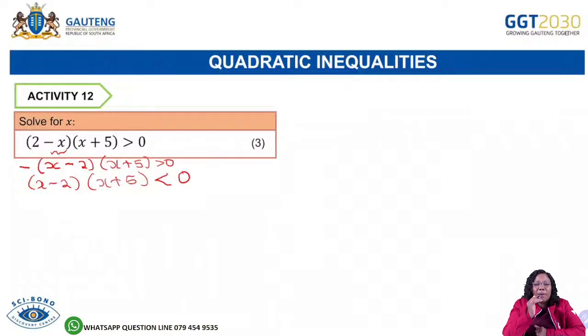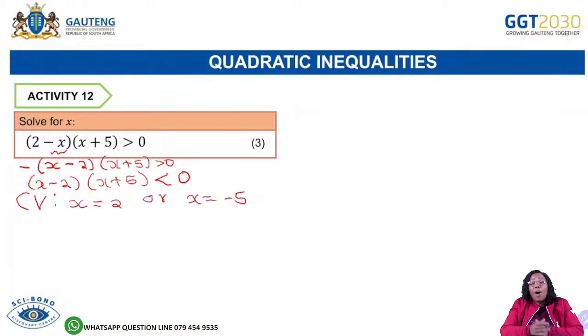And then remember, after factorizing, after having factors, you look for the critical values. Our critical values from the brackets give us x equal to 2 or x equal to minus 5. Why are we saying these are critical values? These are not yet our solutions, grade 12, because we are working with an inequality, not an equation. The minute we say equal to 2, we are changing this to an equation.